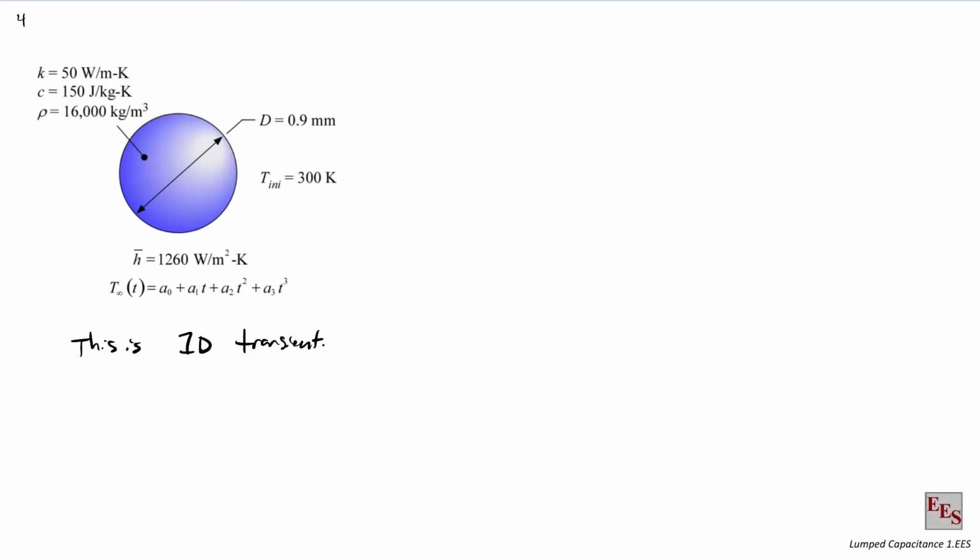So if I say it's 1D, I'm saying that there's actually a temperature profile in one of the spatial coordinates. Well, it's got to be in the radial coordinate, right? Because everything else is uniform. So there's some temperature profile in the radial coordinate, but it's transient as well. So it's a function of time and space. So we would say this is a 1D transient, and we would write it as T is a function of radius and time.